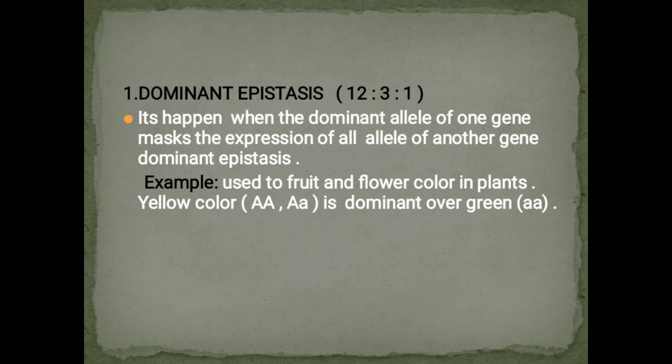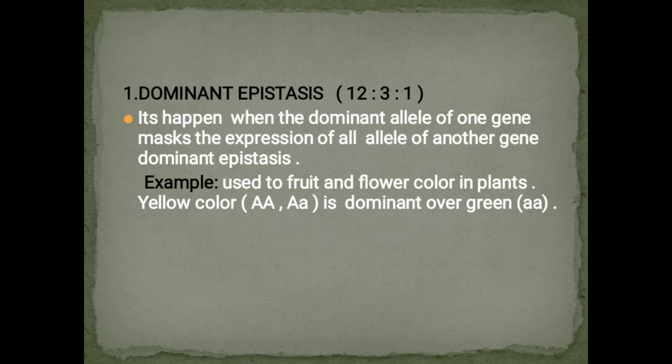Type 1, dominant epistasis, 12:3:1 ratio. It happens when the dominant allele of one gene masks the expression of all alleles of another gene. Example: fruit and flower coloring in plants.